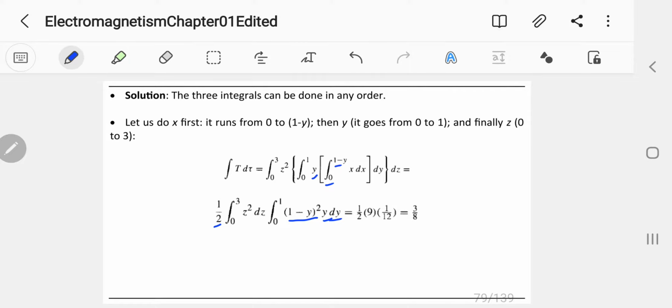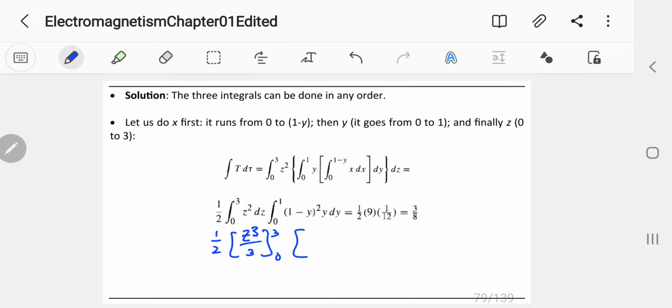So here you have 1/2, and then the integral of z squared is z cubed over 3 from 0 to 3.